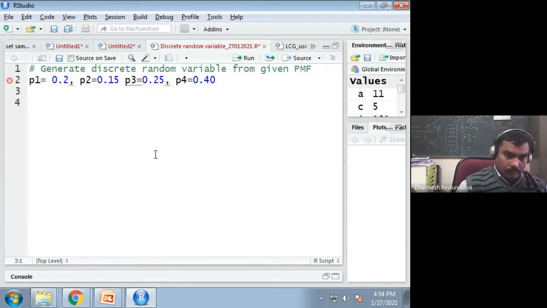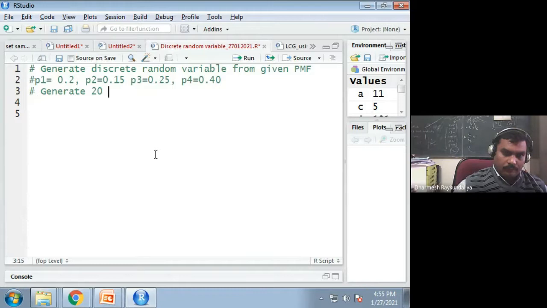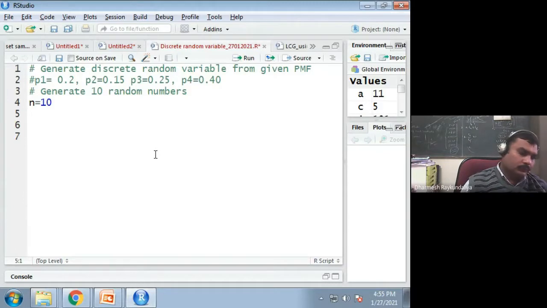So here we say generate 10 random numbers. That means first I have to give n equal to 10. What is the second task?